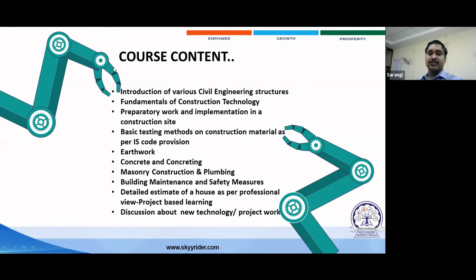The maintenance is also one of the important parameters after completion of the project works, due to some changes by the weather, by calamity, we have to maintain our structure to sustain a longer durability.